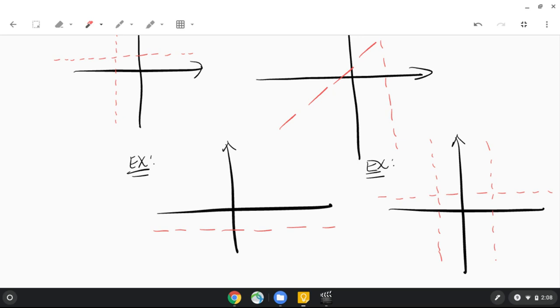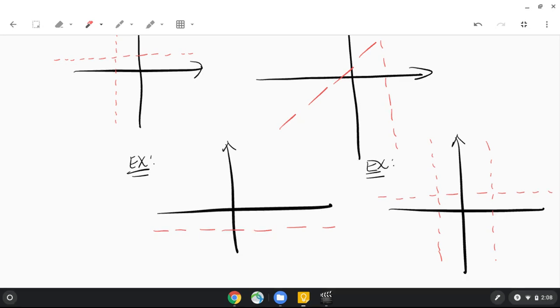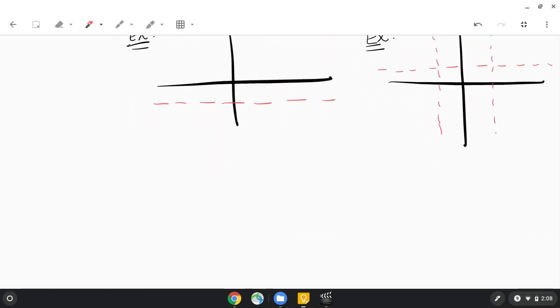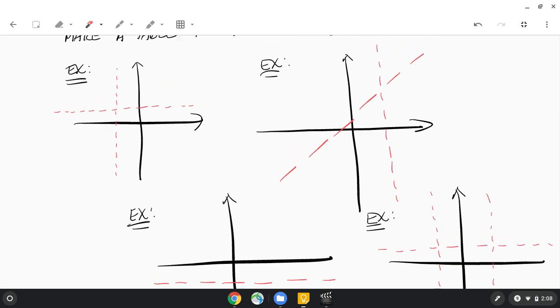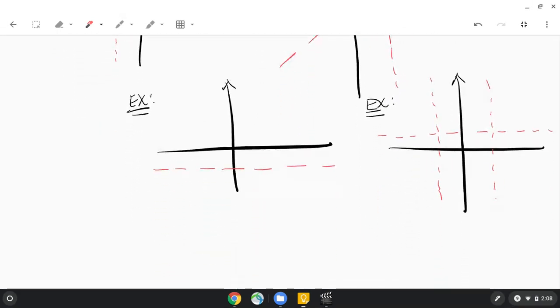So once you figure out all of your vertical, horizontal, slant asymptotes, then what happens is you come up with some points in the different sections and you start plotting. Okay. But for the most part, these asymptotes help to guide the behavior of your graph.